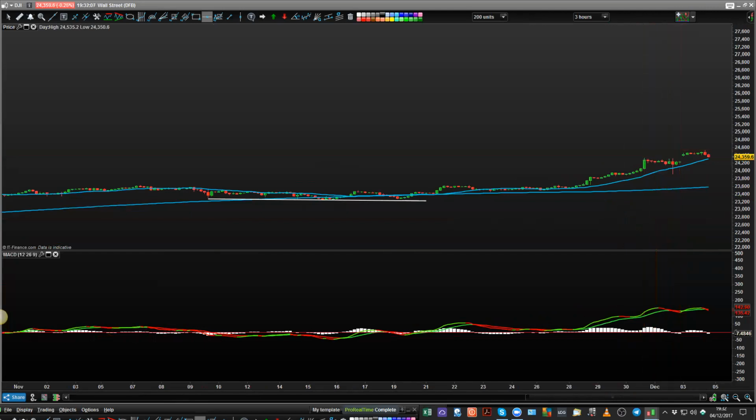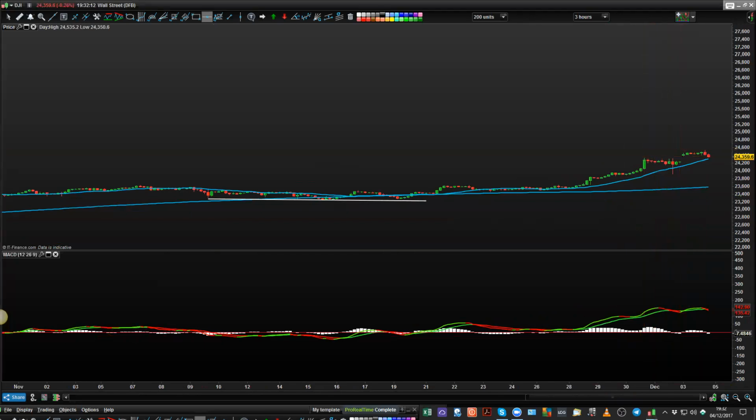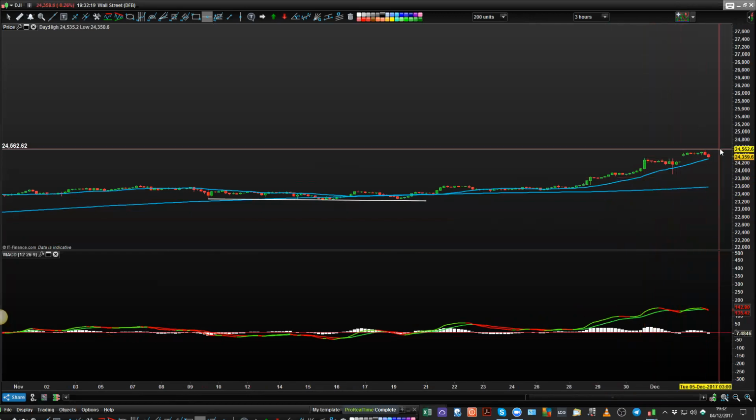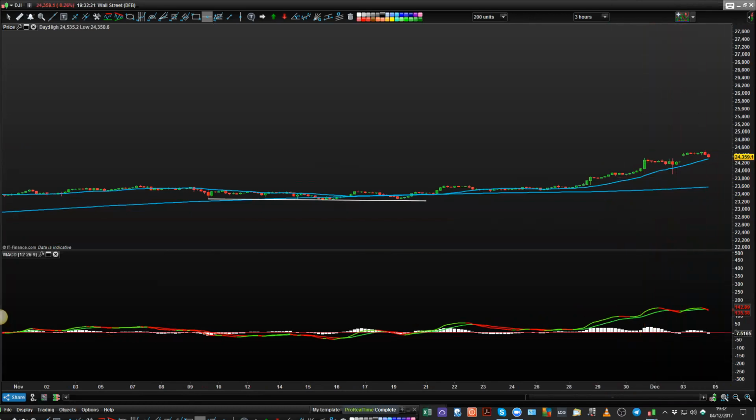On the 15-minute chart, we had a sell signal at 3:45 UK time. 3:45 UK time, we engulfed the new high. So ever since that period, 494 was the pullback, and here we are, 100 and whatever pips lower.